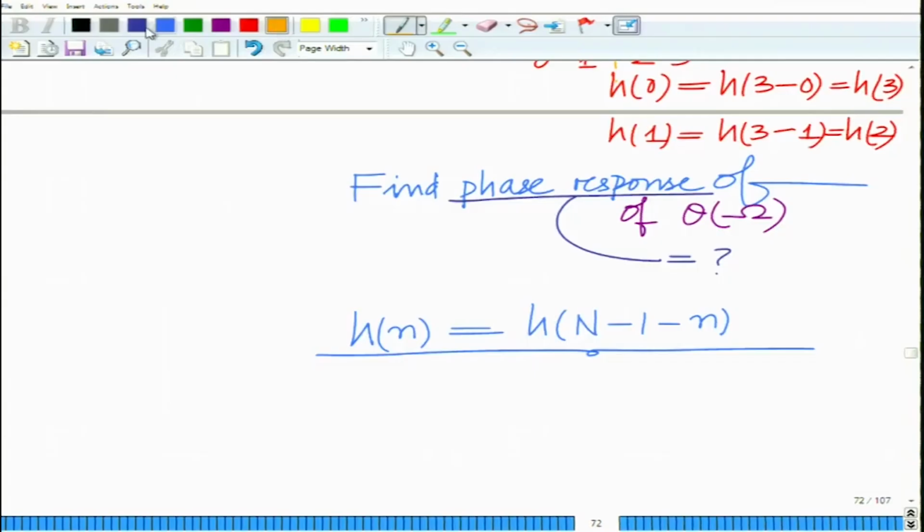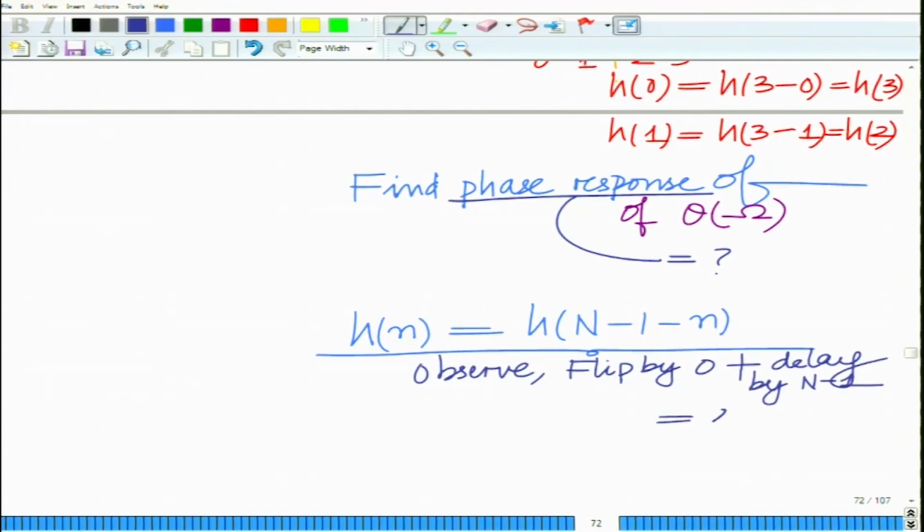So, flip about 0 plus delay by N minus 1 equals the same filter. Okay, and this is the interesting property.